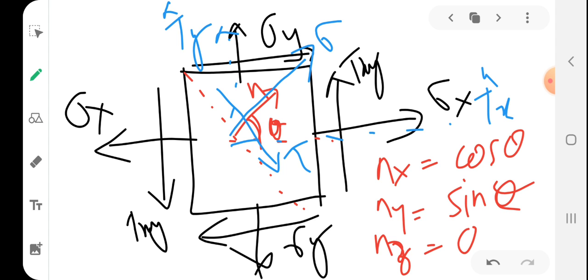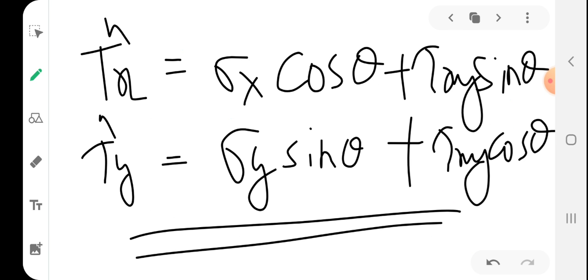Suppose you know theta, the angle that the normal of that plane makes with the x direction, you can calculate the components of stress in that particular plane. That's the idea of how to find the stress in a particular oblique plane in a plane state of stress. Okay.